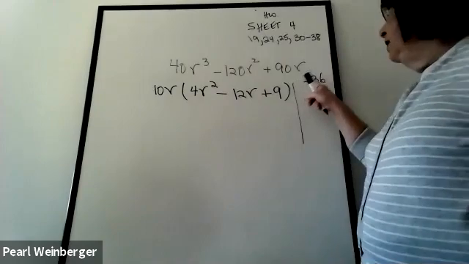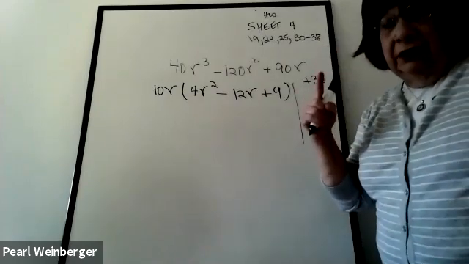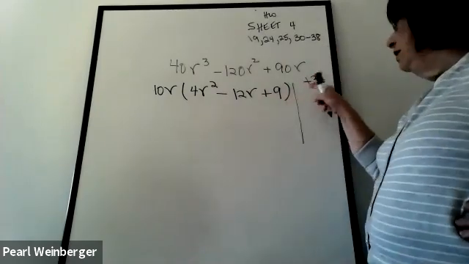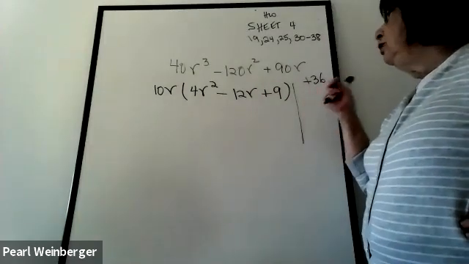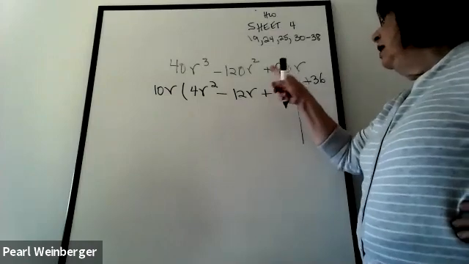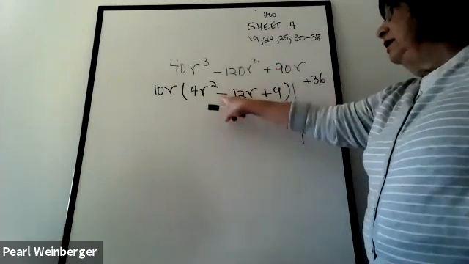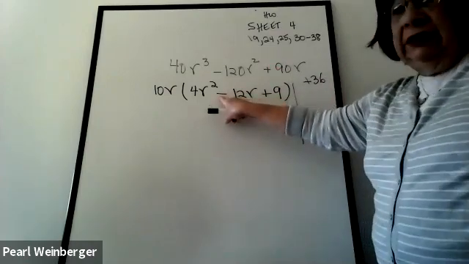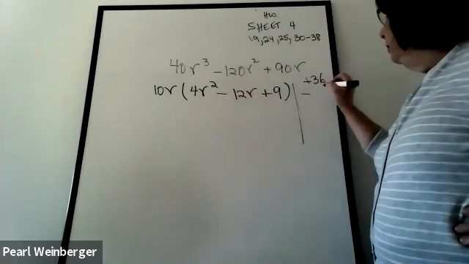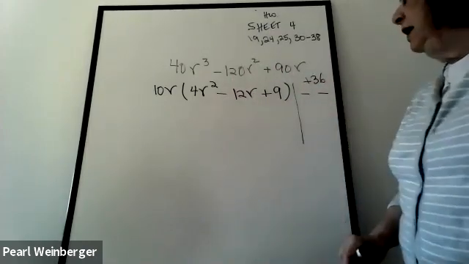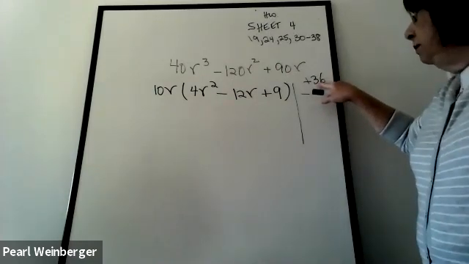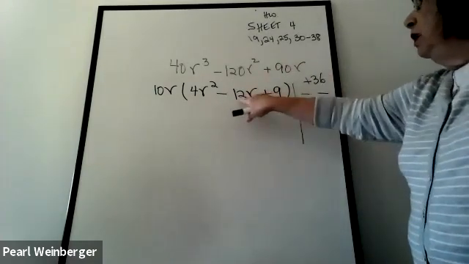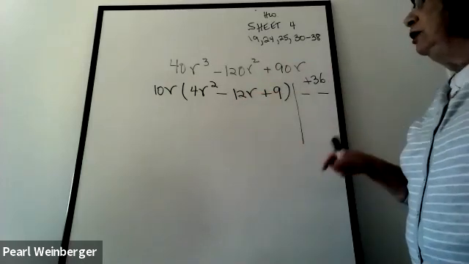Now that means, first of all, I always deal with the sign first. Since it's positive, the two numbers multiply to a positive answer, so they must be the same sign. Since the middle sign is negative, they both must be minuses. Okay, so now we're looking for numbers that multiply to 36, but when we add them, give me 12.